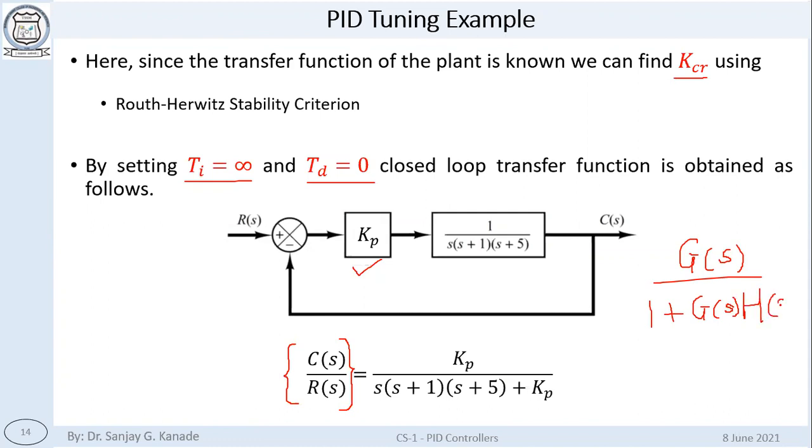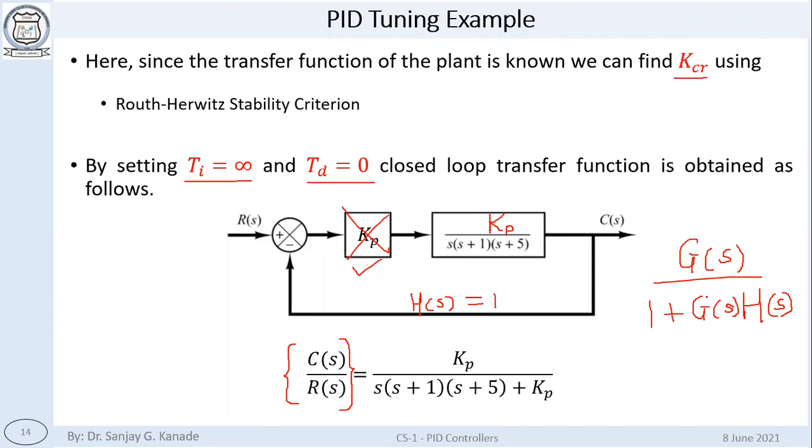Now, what is G(s)? G(s) in this case is nothing but the multiplication of these two. I can write it directly here also, because these are two blocks in series, so that's what the resultant block is. And this is H(s). H(s) in this particular case is 1.